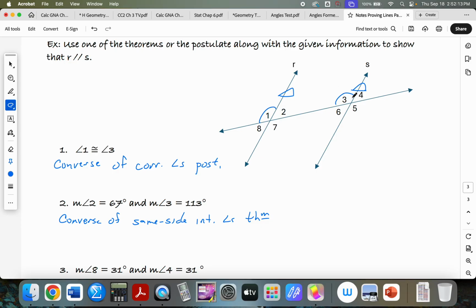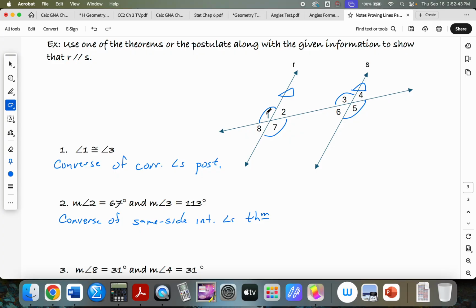If that's true, then because 1 and 7 are vertical angles, angle 7 is congruent to angle 3. So we're basing it on that postulate. Since we're basing it on something we've already decided is true, that becomes a theorem. And then since 3 is congruent to 5, that means that angle 5 and angle 1 are congruent.